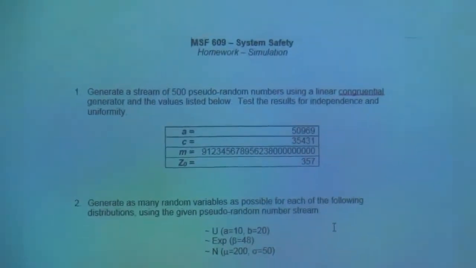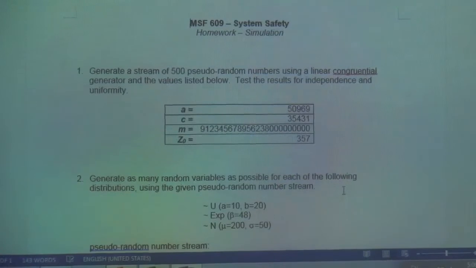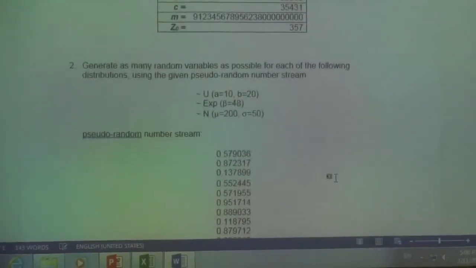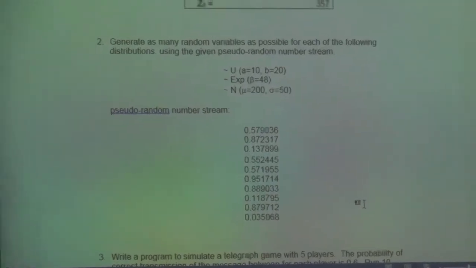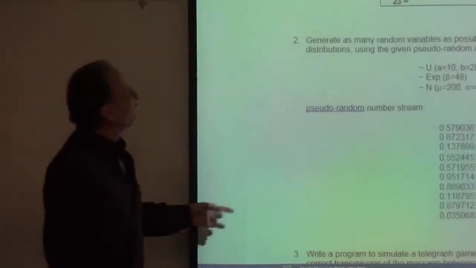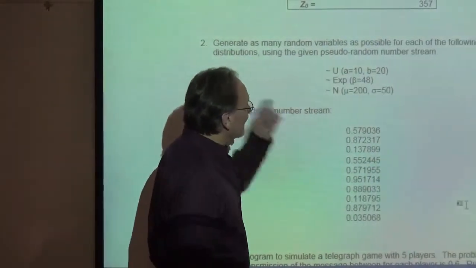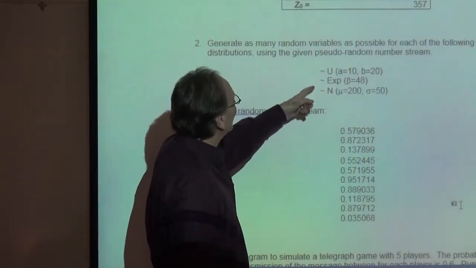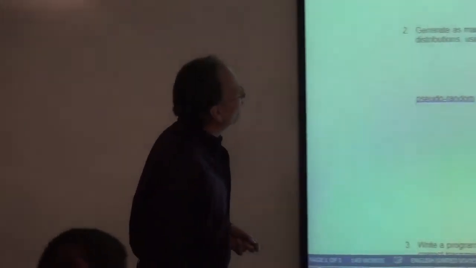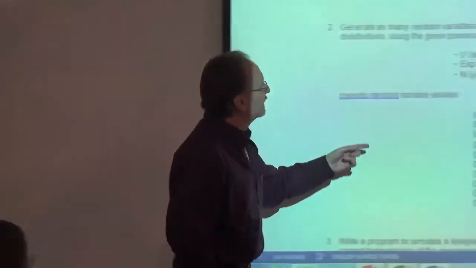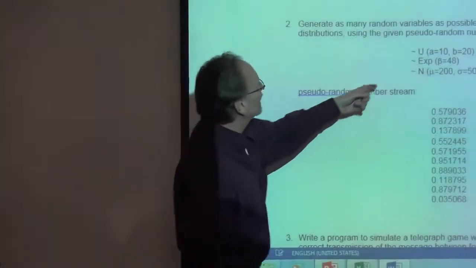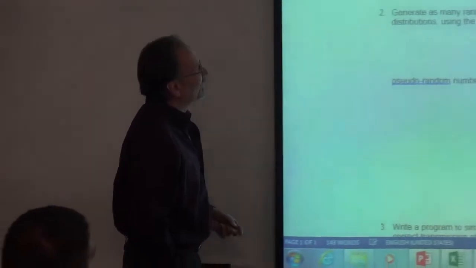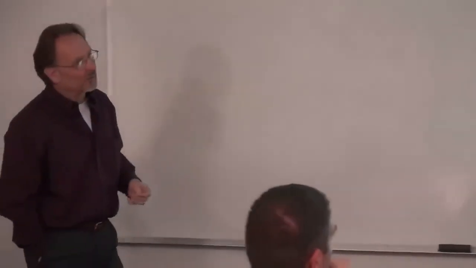Here's the homework. Generate a string of 500. You'll probably want to wait till next week for that. As many random variables as possible. So this one you can do by hand. And you have a stream of random numbers. So number 2 you can do by hand. If you can generate as many uniform, exponential, and normally distributed, and use the polar method for the normally distributed, just so that you can learn how to do it.